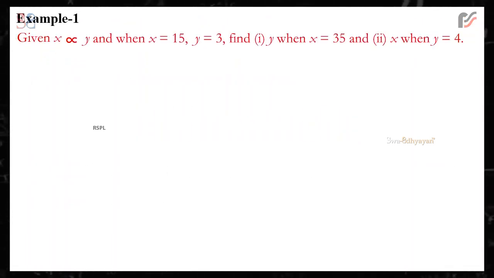Example 1. Given x is proportional to y, and when x is equal to 15, y is equal to 3, find 1. y when x is equal to 35, and 2. x when y is equal to 4. Solution.